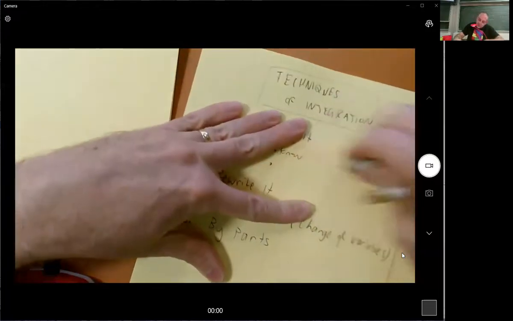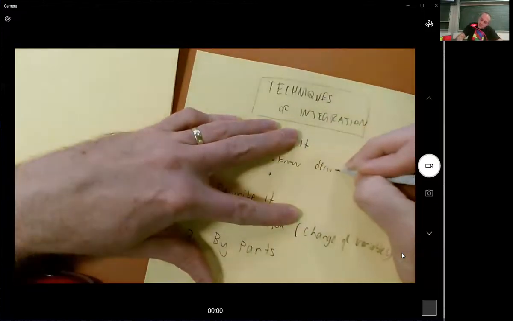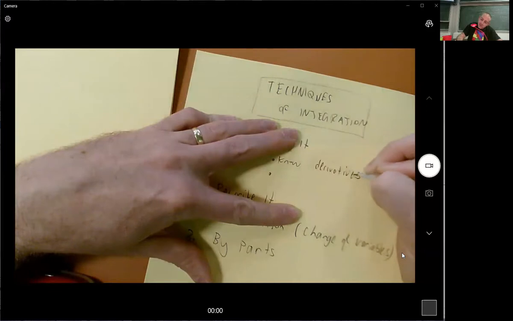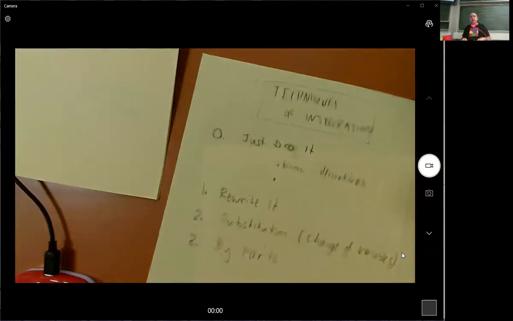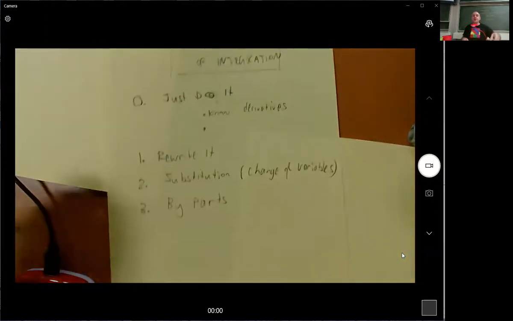With just do it, you know the answer because you know your derivatives. So on the list of just do it is all the things that you know the derivative of.